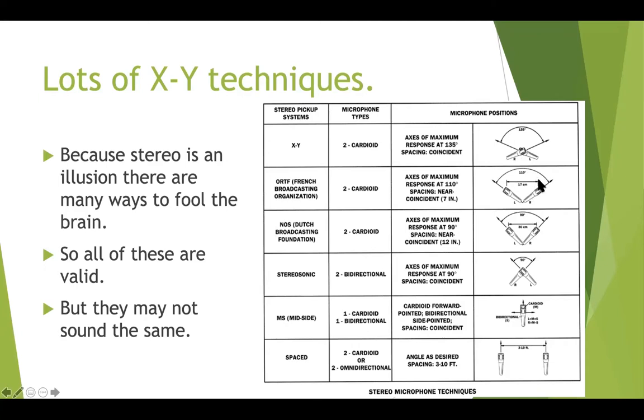Most people typically have the same mic. So the first 4 techniques shown here and the last one all use the same kind of mic. This mid-side requires one of each, and they're stacked on top of each other. If you have it, you have it. But anyway, you can experiment with these yourselves. I would if I were you.